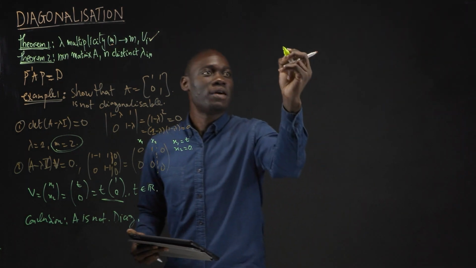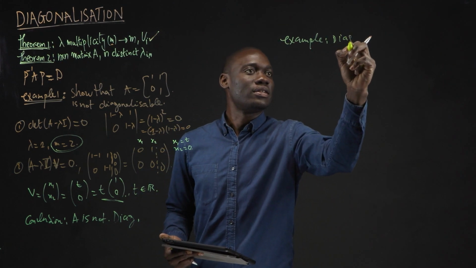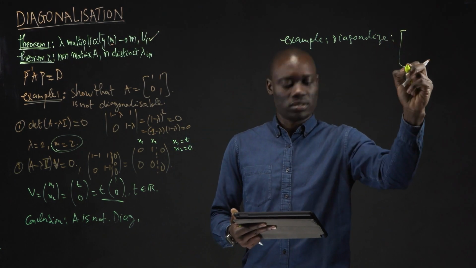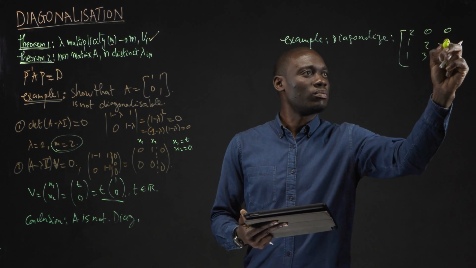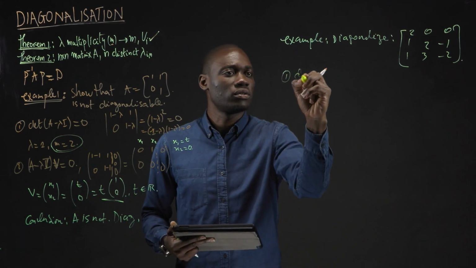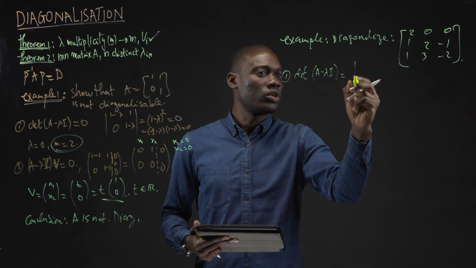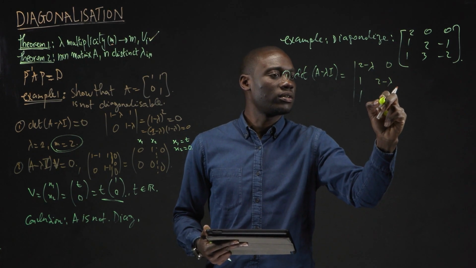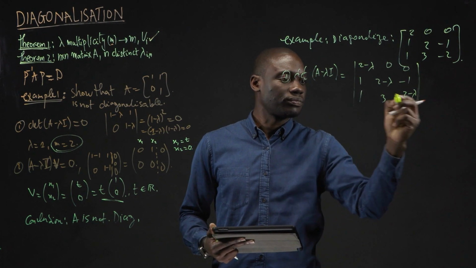Perfect. Now, let's have a quick look at another example: diagonalize this matrix 2, 1, 1, 0, 2, 3, 0, minus 1, minus 2. What do you do? The first thing is to solve the equation determinant of A minus lambda I equals 0, which is 2 minus lambda, 1, 1, 0, 2 minus lambda, 3, 0, minus 1, minus 2 minus lambda.